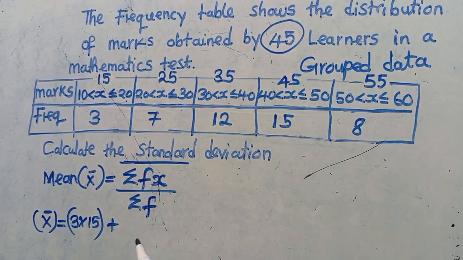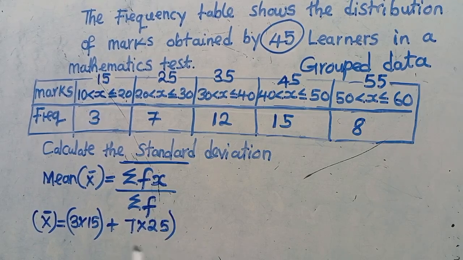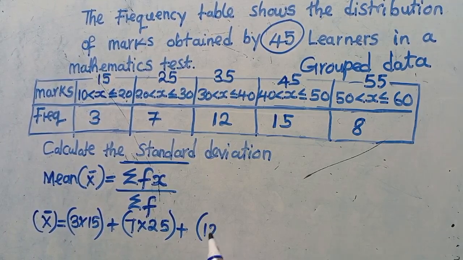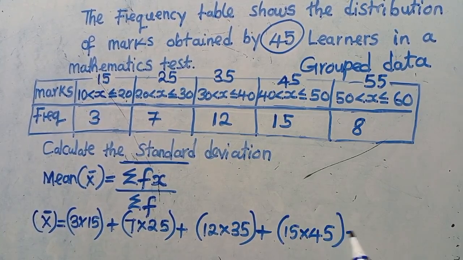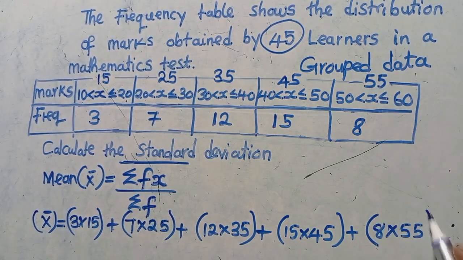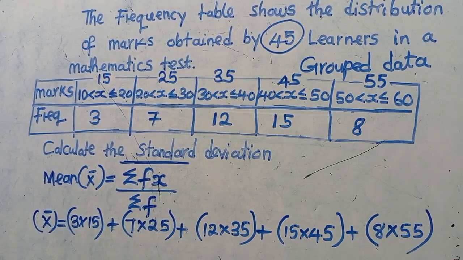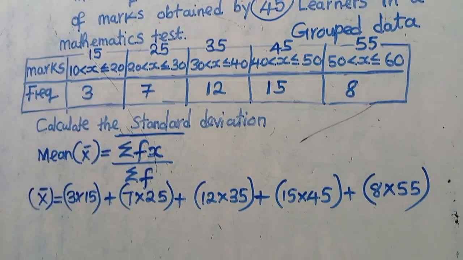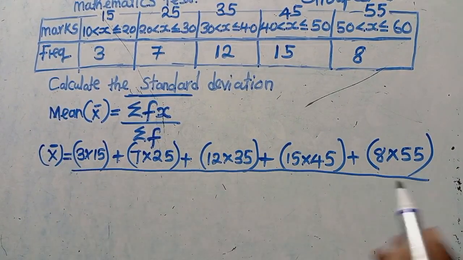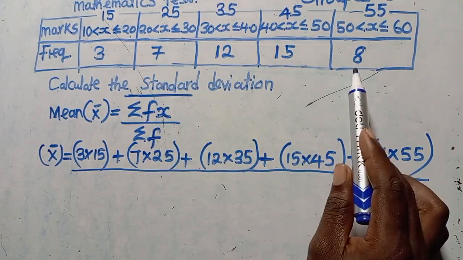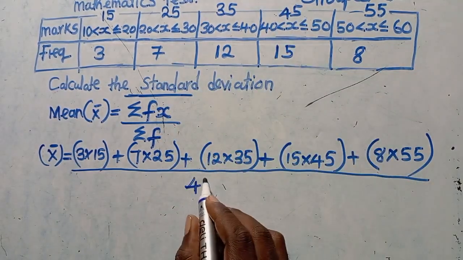Plus, summation means you are adding, 7 multiplied by 25, plus 12 multiplied by 35, plus 15 multiplied by 45, plus 8 multiplied by 55. From there, the next thing is to go over the total frequency, which is the addition of all these frequencies, and you get 45.